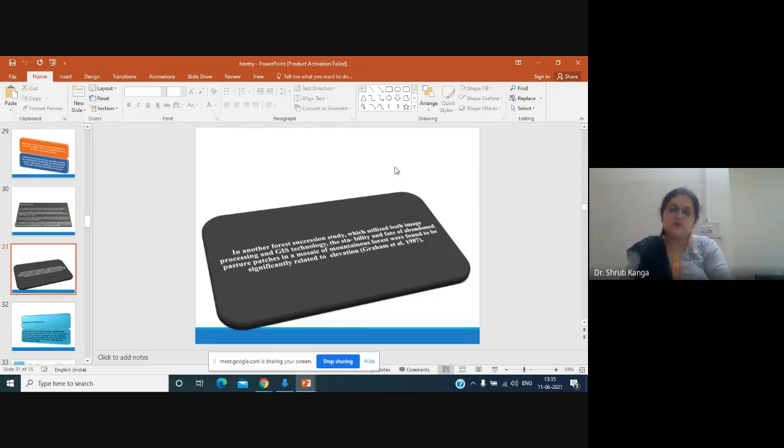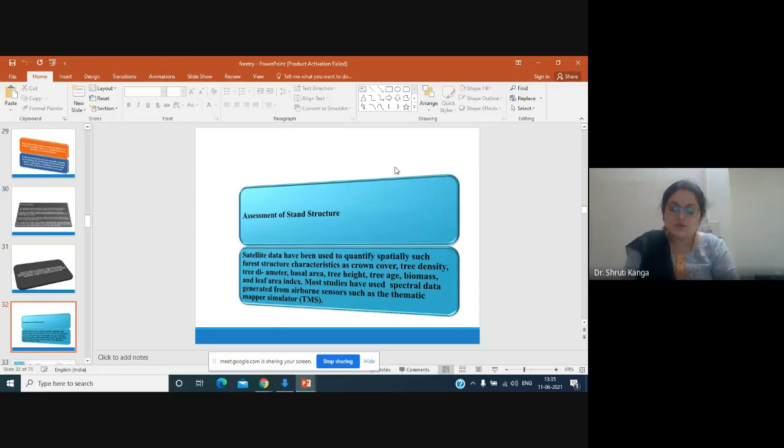we can go for this kind of succession related studies also. Assessment of stand structure. Satellite data have been used to quantify spatially such forest structure characters as the crown density, that means the tree density, altimeter height, basal area of the forest, and tree height.